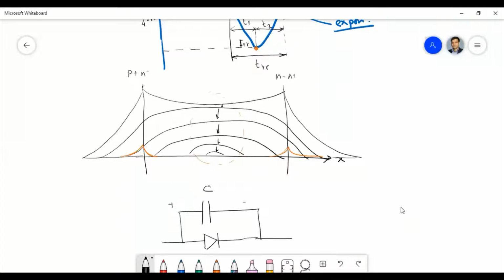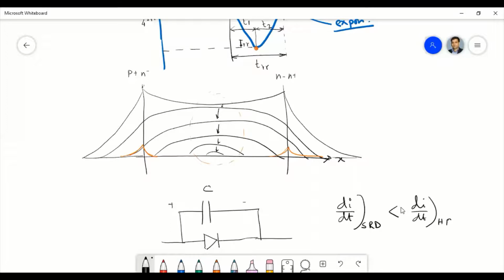Actually, there are different types of recovery for diodes, that I also mentioned in the last class. The fast recovery diode, or hard recovery diode, and the soft recovery diode. I think I mentioned in the last class that the di/dt for the soft recovery diode, or SRD, is less than the di/dt of the hard recovery diode.